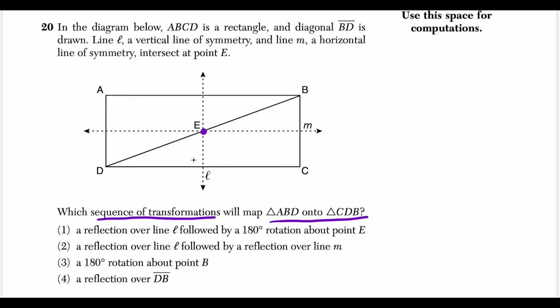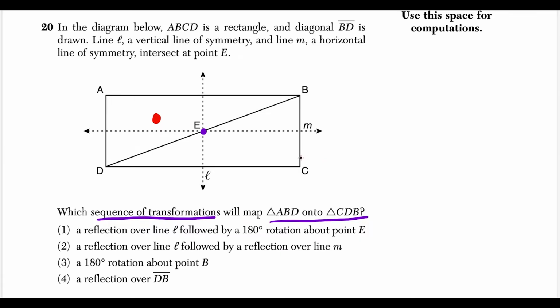So if we reflect over line L first, that's the vertical line, and we're starting with this triangle ABD. If we reflect over this line, and then after that we rotate 180 degrees about point E, is that going to send us here?